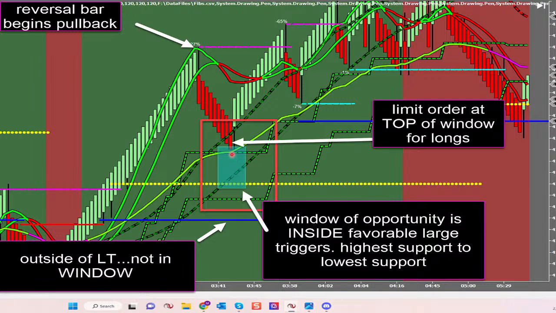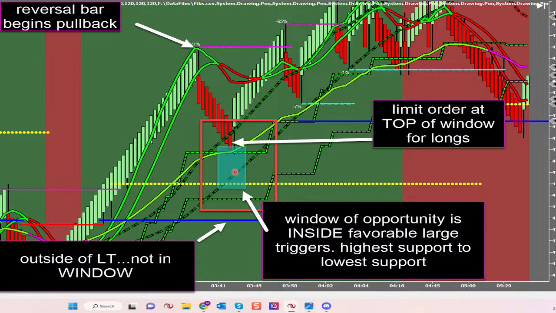This is where language becomes important. I have a mid band, very high in the triggers. I have 1-to-1s a little lower. And from the highest point of support to the lowest point of support, inside of favorable large triggers, ladies and gentlemen, this blue shaded box identifies where the small crowd is most likely to fail.